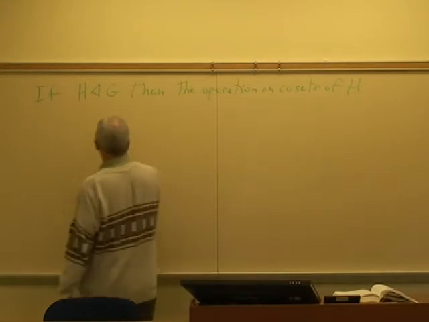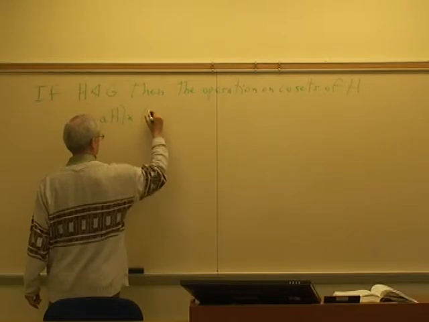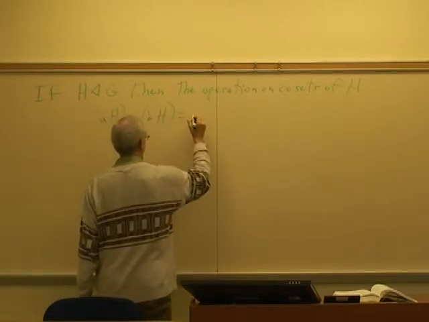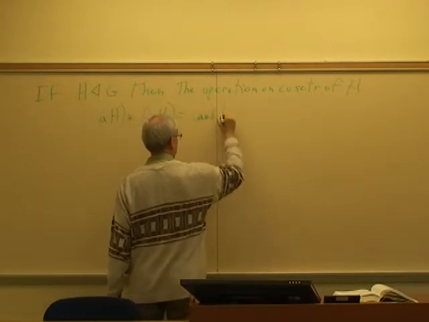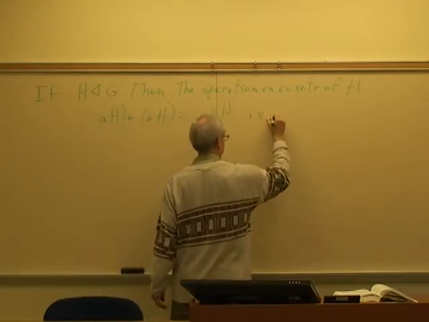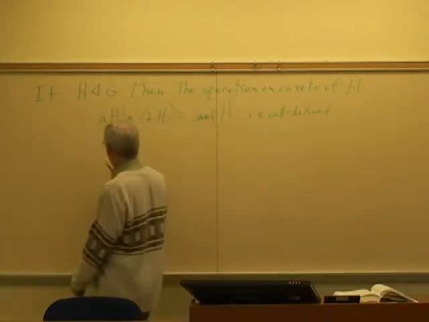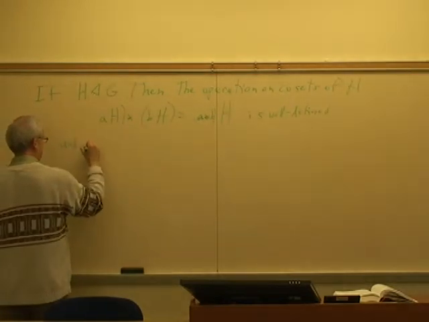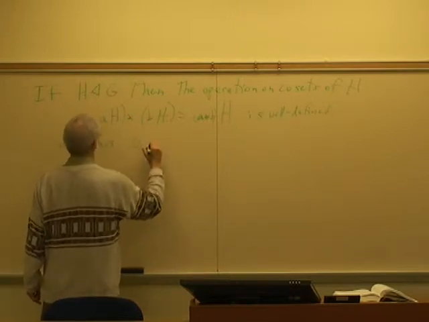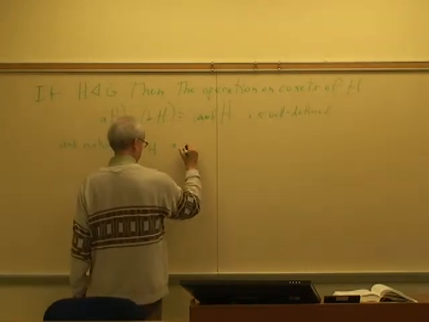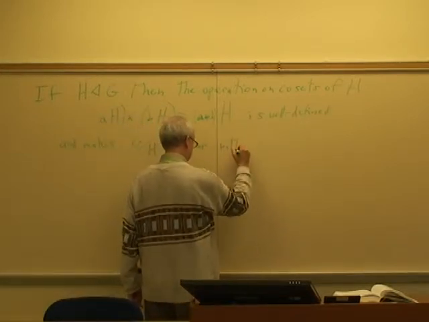The operation on cosets of H defined by aH star bH equals ab H, the group operation applied to the elements, is well defined, and makes the set of all cosets of H a group with that as the operation, with H as the identity.